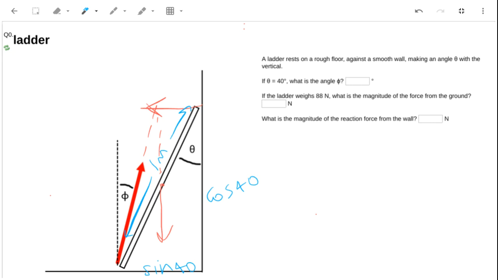Now, this length here and this length here, because the intersection point is halfway, this is a half sine 40.